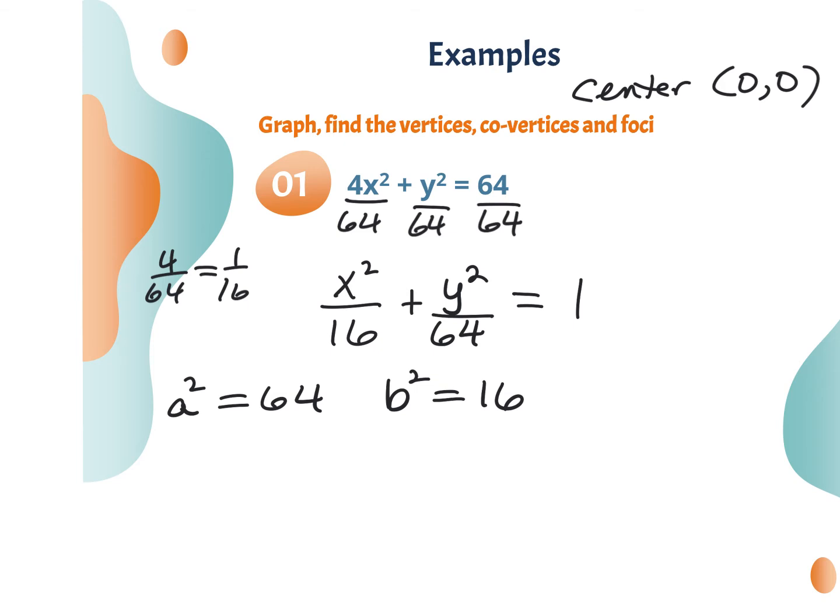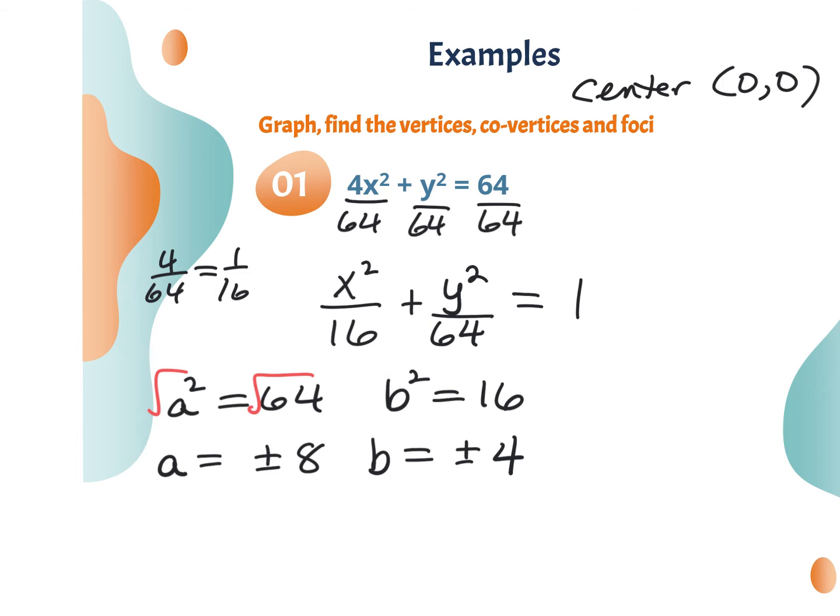So I need to square root it. When I square root a squared, 64, I end up getting plus and minus 8. When I square root b squared, plus and minus 4. Always remember, the larger denominator is always your a squared.